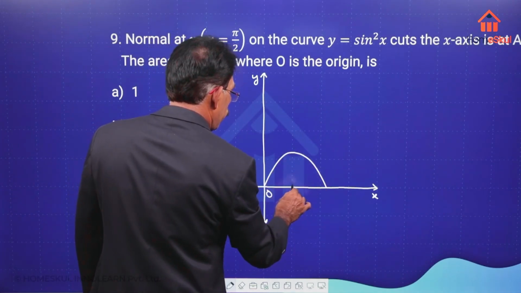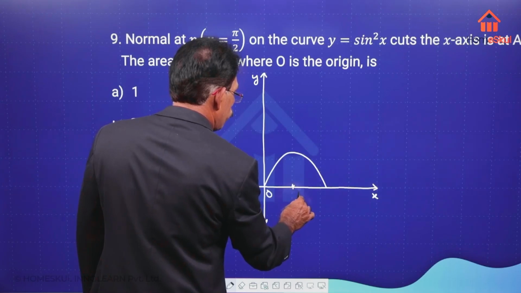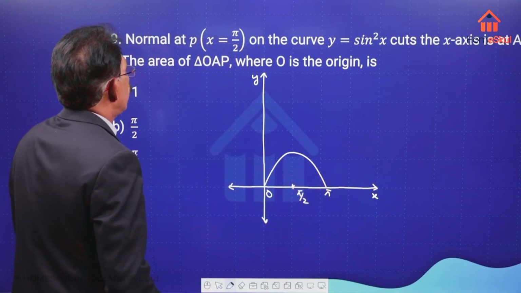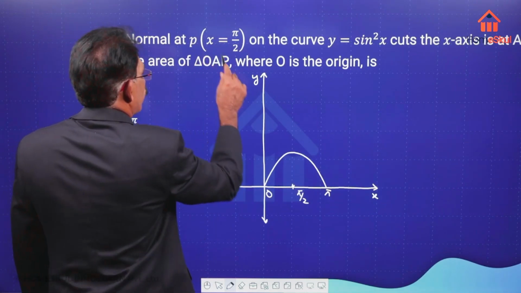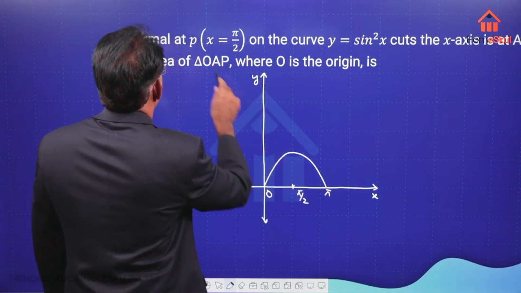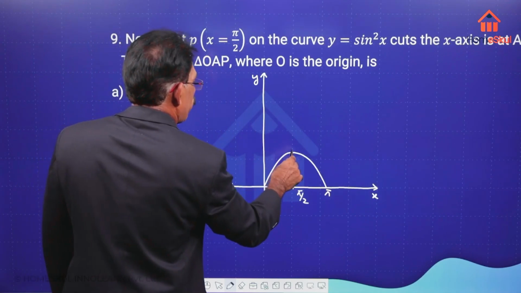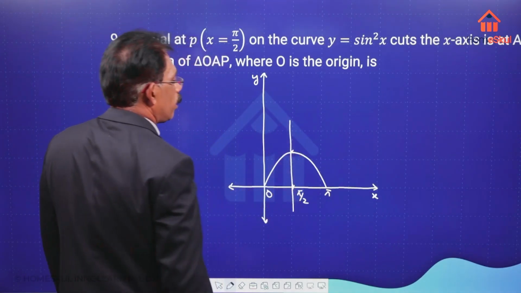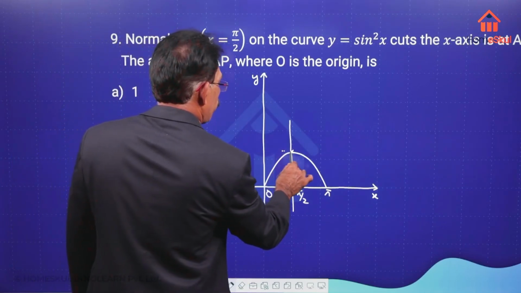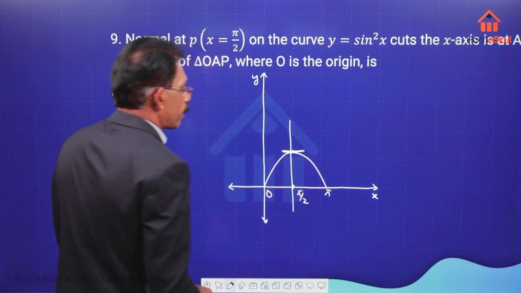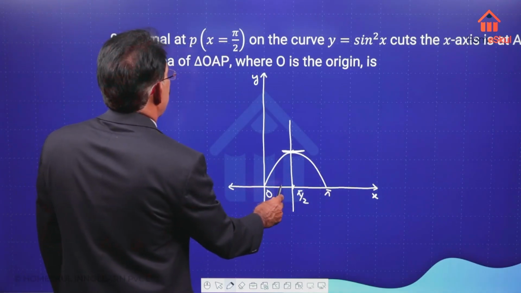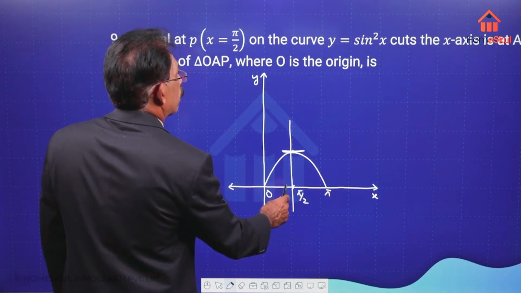Here there is pi by 2, and this is pi. At x is equal to pi by 2, the tangent is parallel to the x-axis. The normal is this.